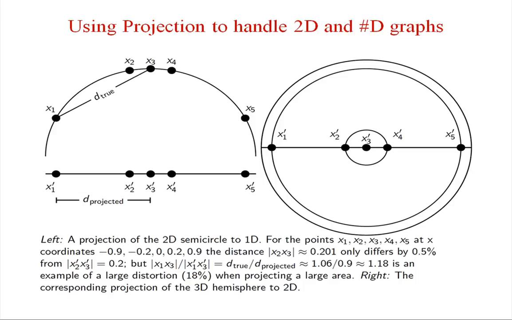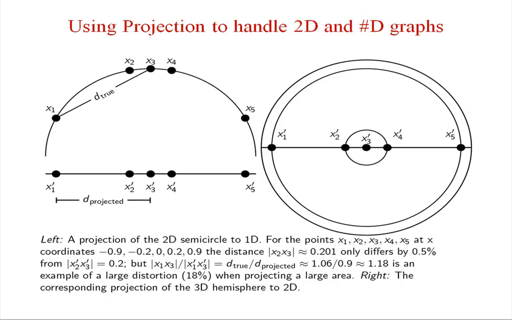Projection means this projection will not affect the relative distance between the points. For example, it will not affect the relative distance between x1 and x2, x2 and x3, x3 and x4. However, we cannot maintain the same distance between x2 and x3, but the relative distance will be preserved to some extent.